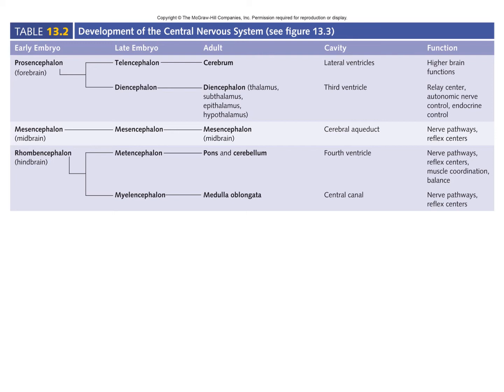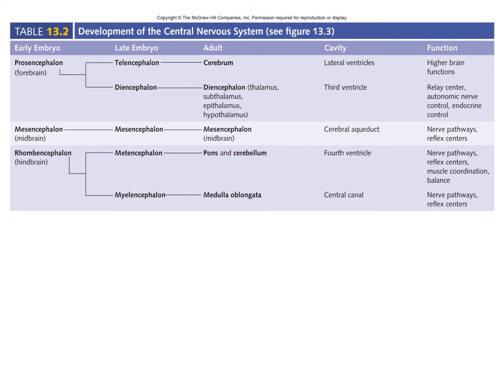Early embryo, we have three regions: forebrain, midbrain, hindbrain. Late embryo, we have five regions: telencephalon, diencephalon, mesencephalon, metencephalon, and myelencephalon. Then we have a list of adult structures.